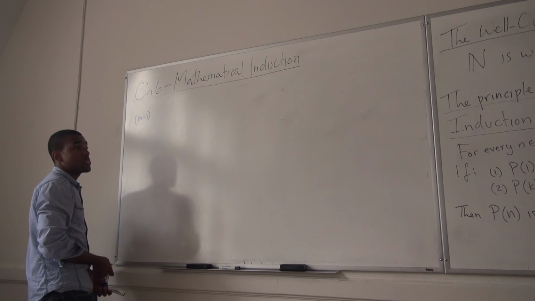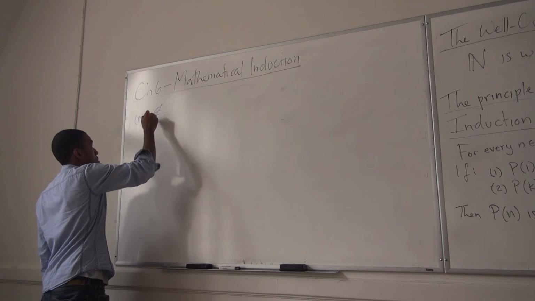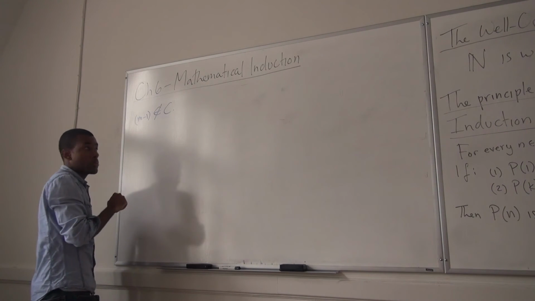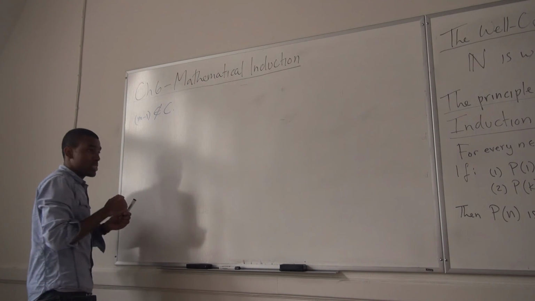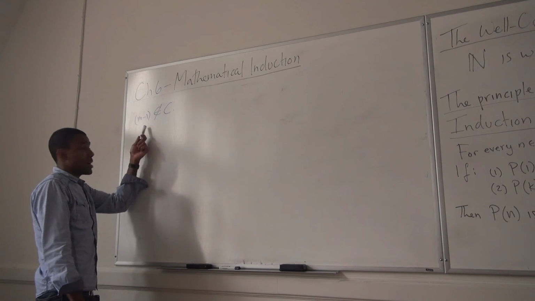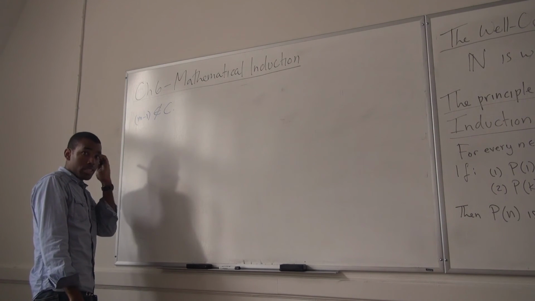Is it in C? It's not in C. Right? Because n is the smallest guy in C. n minus 1 is smaller than n, so therefore it's not in C.